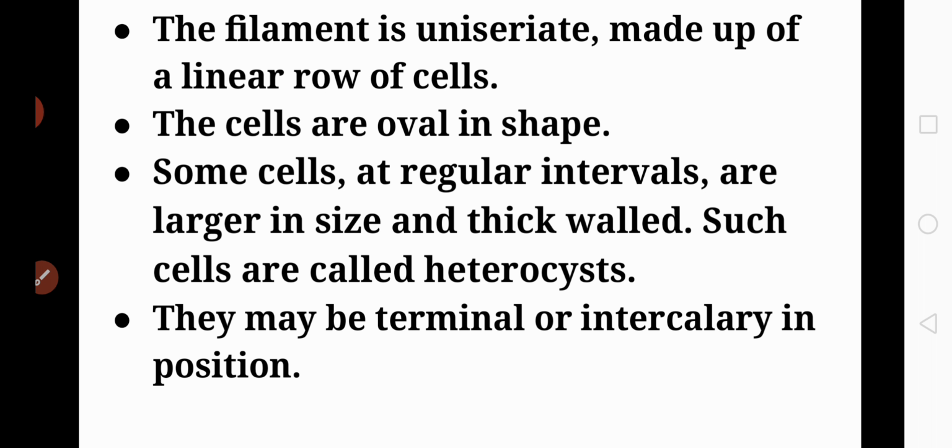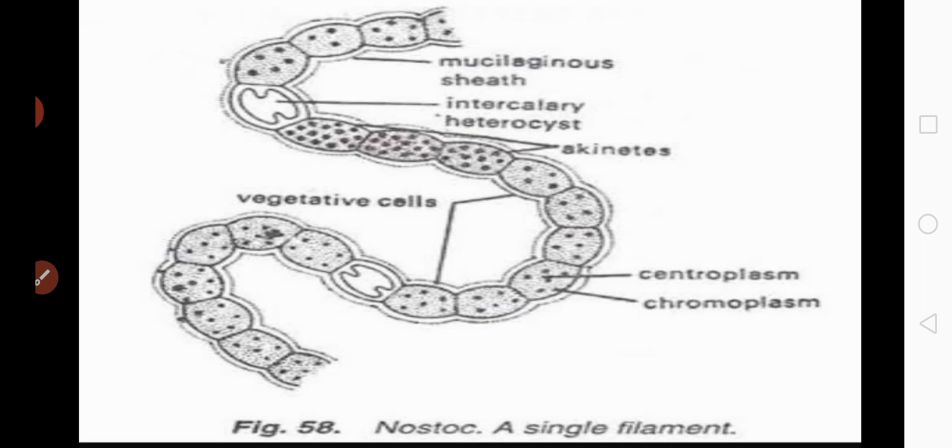And this heterocyst may be terminal or intercalary in position. Terminal means they are present at the tip, and intercalary means they are held in between the cells. Okay. So this is the filament of Nostoc, a single filament.